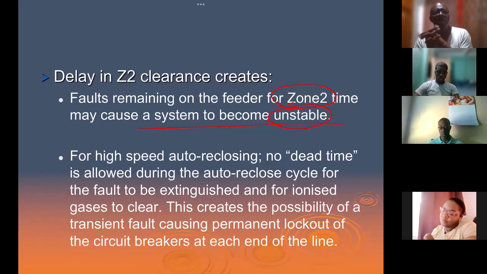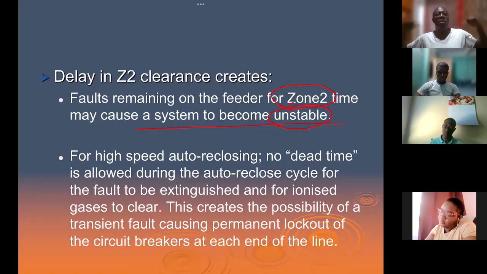In some utilities it allows one attempt, in some it will allow two attempts. So the fault occurs, breakers open, the auto recloser seeks to re-energize. If it re-energizes and the fault remains, it will open again.